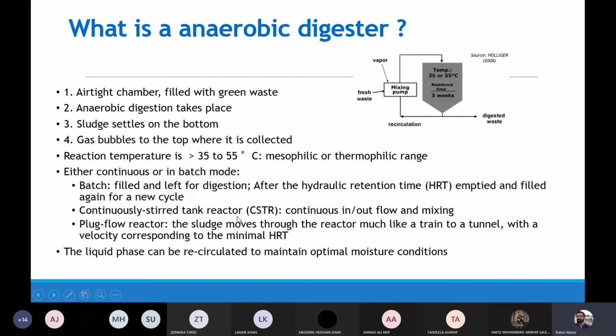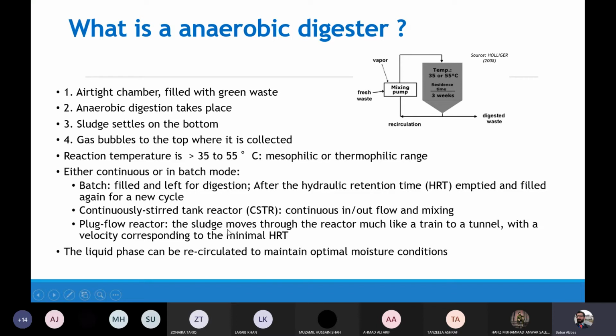Continuously stirred tank reactors, CSTR, are those which continuously make sure that the raw material is coming in and going out, mixing the waste on a proper basis and converting the solid waste into biogas.